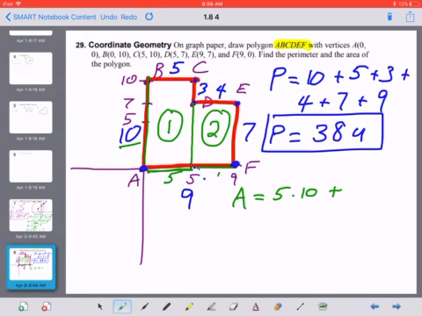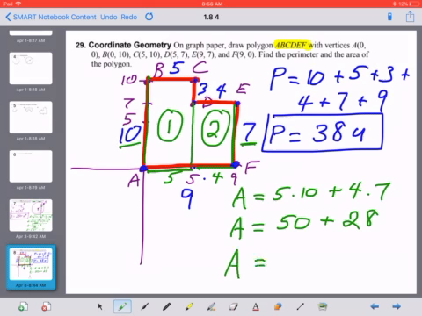From 5 to 9 is a base of 4, and its height, on the right side, is this value of 7. So 4 times 7 is going to get us the area of region number 2. The 5 times the 10 is going to give us a 50. The 4 times 7 is 28. And that means that the total area of this figure is going to be 78 square units.